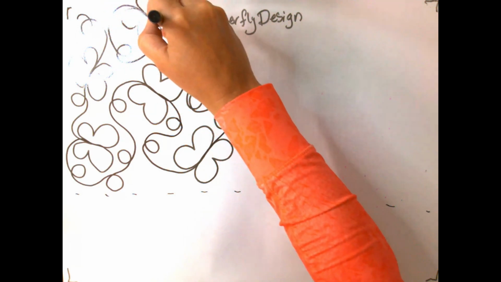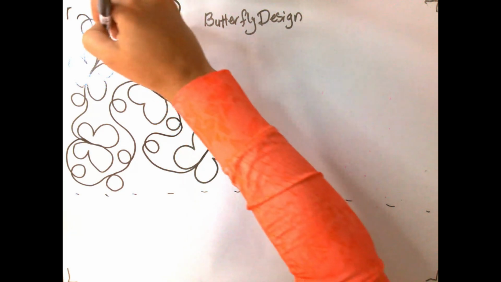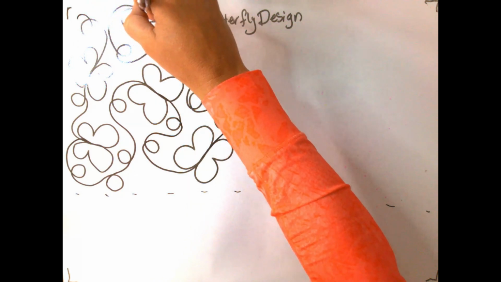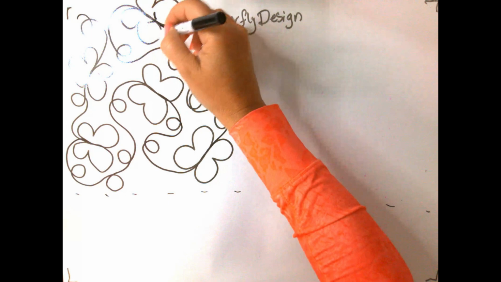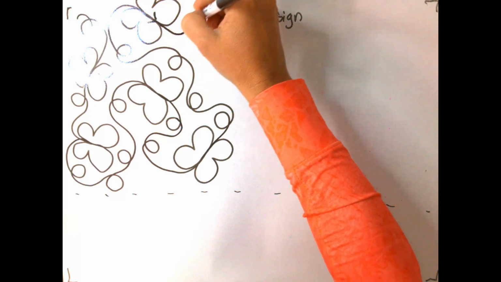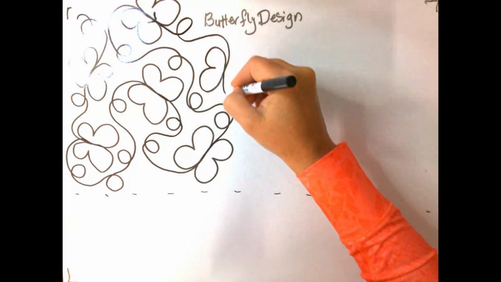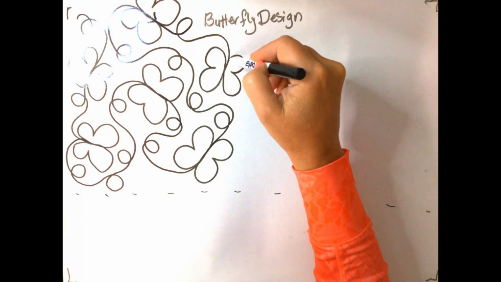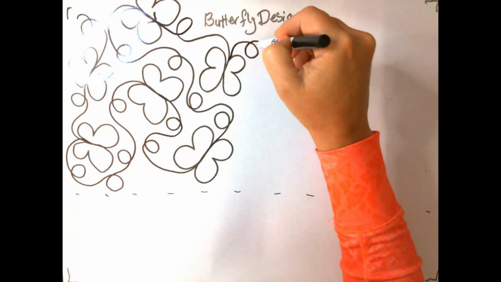And I am thinking about pointing the butterfly. I'll do a little arrow right there. When I came down, I wanted to be able to have my butterfly going this direction, and I know that when I'm done, I can exit out between the two larger wings. So I'll talk about that a little bit more as we go. I'm going to point this one down here. Now, in this scenario, I'm going to just bump right back out this way, because if not, this might be a little too cluttered.